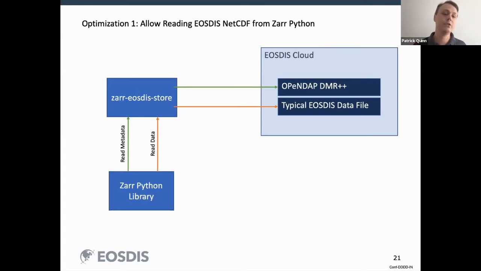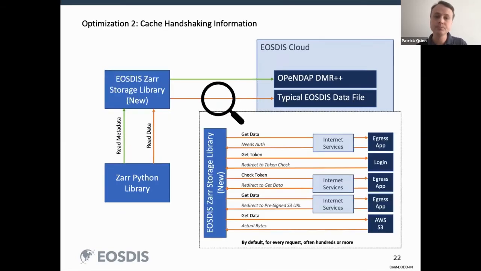And the Zarr Python library just reads it like it's normal Zarr data. Behind the scenes, we're just doing some straightforward conversions. When it asks for a chunk of data, we figure out what byte range that is and pull it back from the data that we have in the cloud.